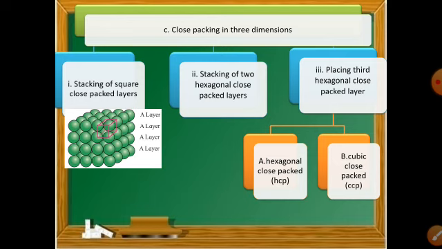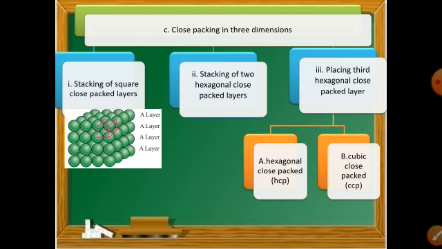And that's why the coordination number in the case of a close pack structure in 3 dimensions is equal to 6, or you can say the simple cubic unit cell coordination number is 6.